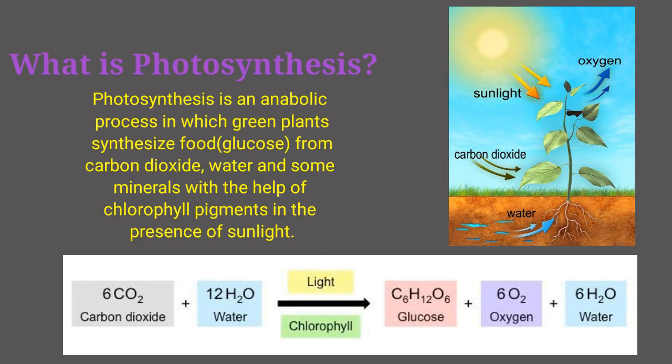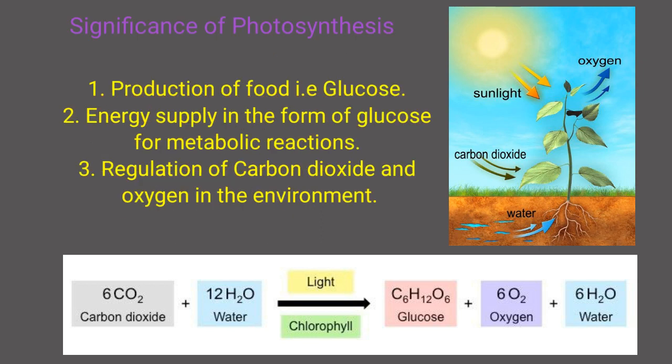So this seems to be a very simple process that goes on inside the plant's body, and especially in the leaves. Now let's discuss the significance of photosynthesis, that is, why photosynthesis is required for all living organisms. Photosynthesis is a very important process, and in fact the sole process that helps living organisms to survive here on the surface of earth.